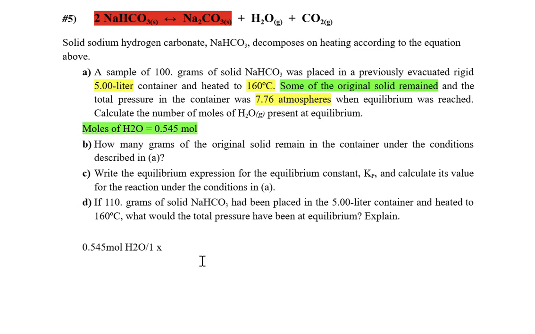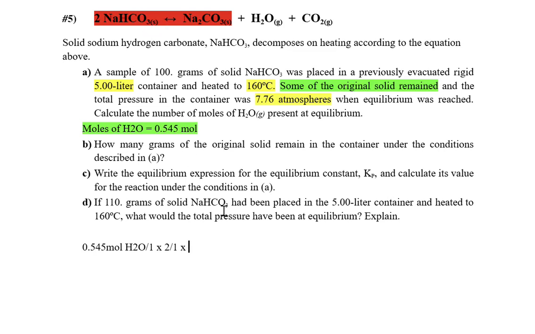For every 1 mole of H2O, we have 2 moles of NaHCO3, so we're going to have 2 over 1, and we can then multiply that. It's asking for the grams, so we would have to find the molar mass of NaHCO3.